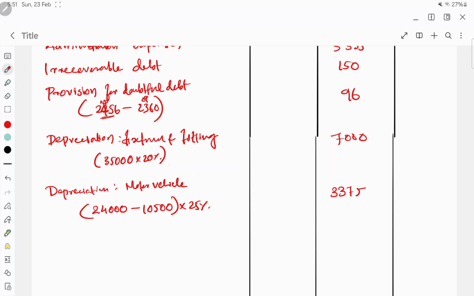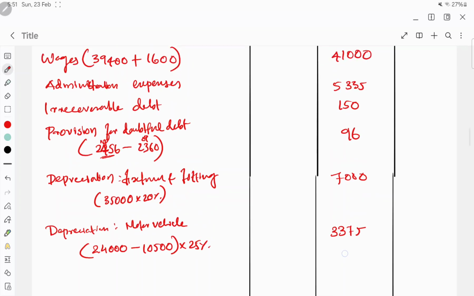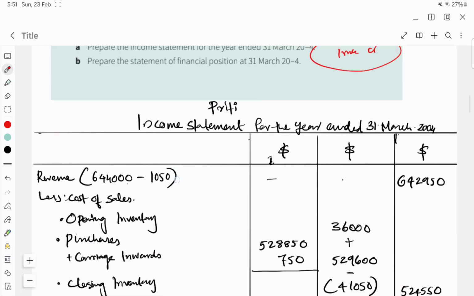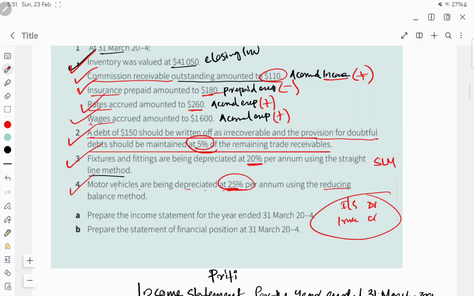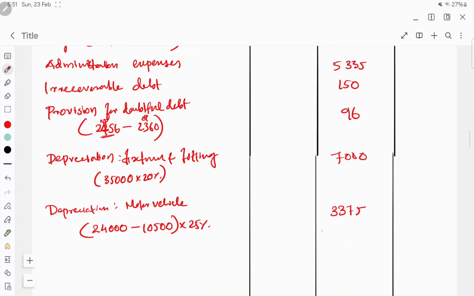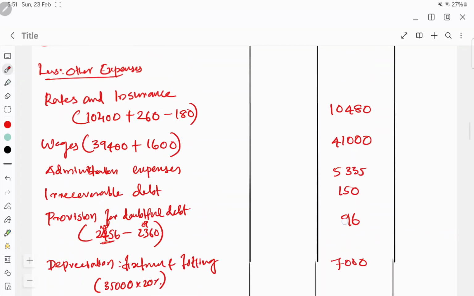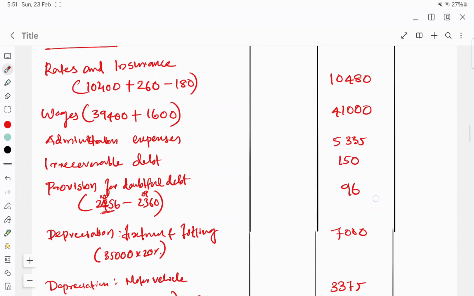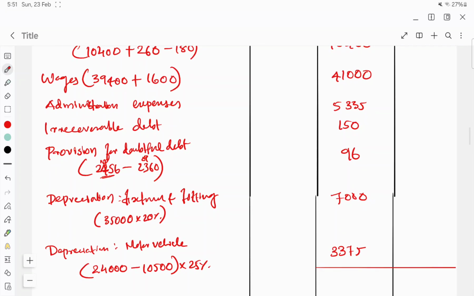Now we took all the items. I guess we took all the items. Here you can see the adjustments. Now calculate the total expenses: 10,480, 41,000, 5,335, 150, 96, 7,000 and 3,375.